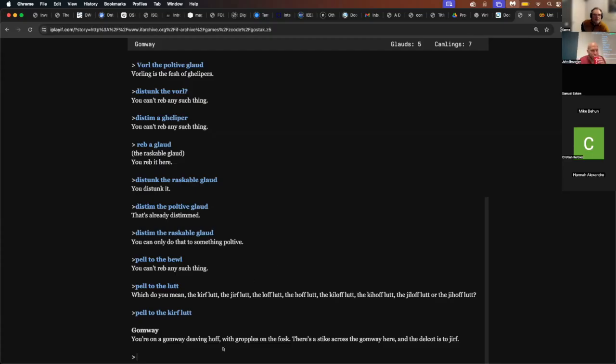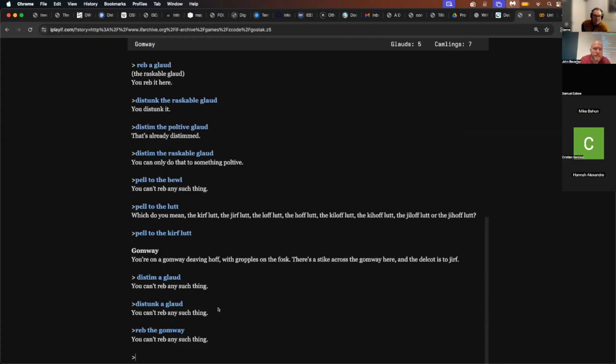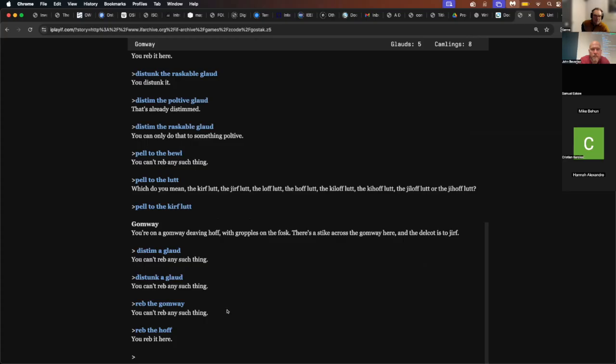You're on the Galway Deeping Hall. I'm assuming red means something like see. I can't see any such thing. So let's see, like rib the Galway. Can't see. Okay, rib. Oh, okay, so maybe quality.